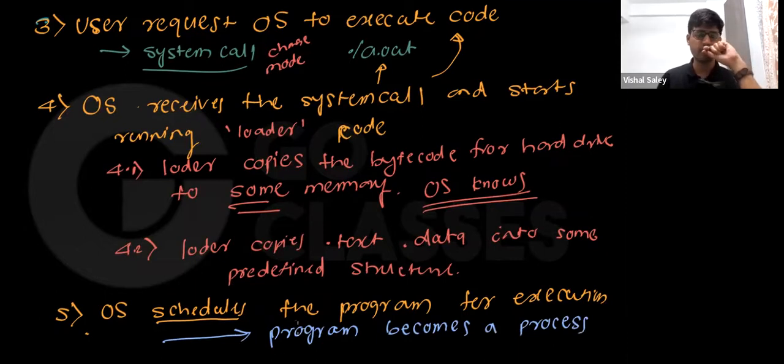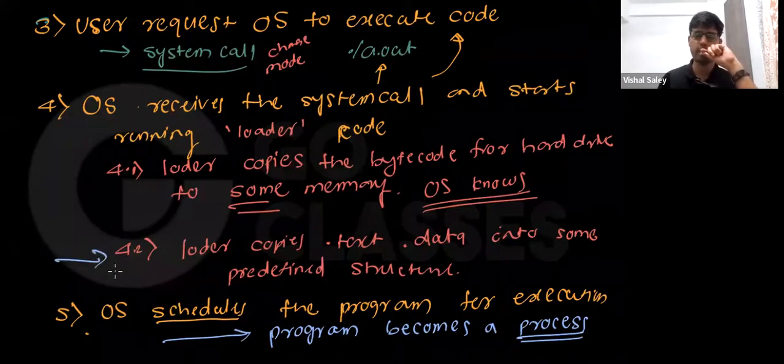Again, this is a very subjective definition. I'll get to that later, but I just want to coin this term here. So once the operating system schedules something for execution, it becomes a process. Some might say it becomes a process at this stage itself, even before it is getting scheduled. But yeah, sure. It depends on the design of the operating system.